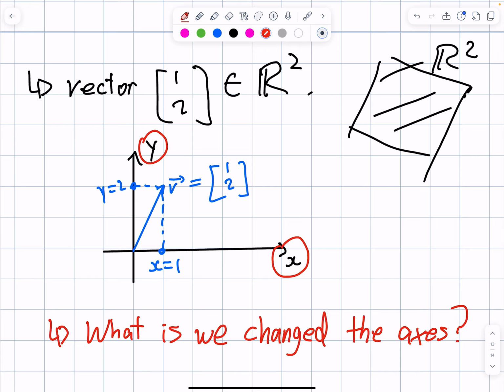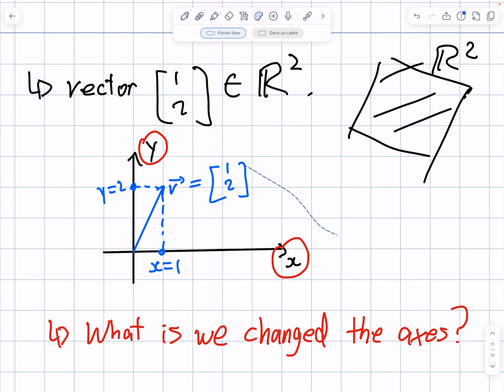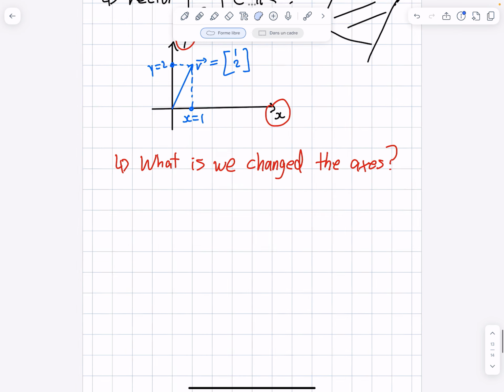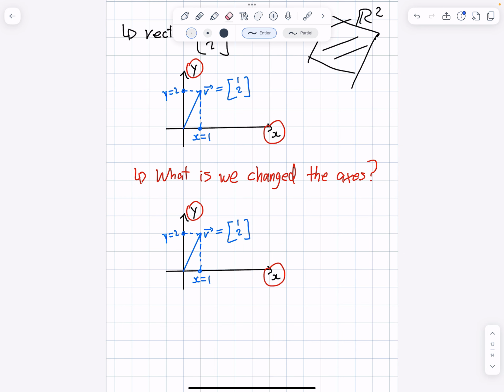Okay. Let me try to make a bit of a schematic picture here. I'm going to copy paste the same thing. So here's the picture I just drew, and I'm going to fade this whole picture away.